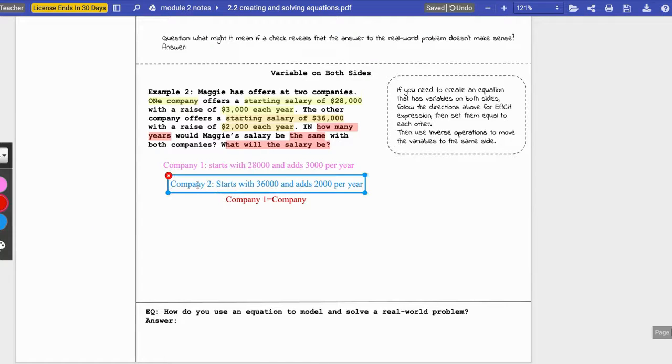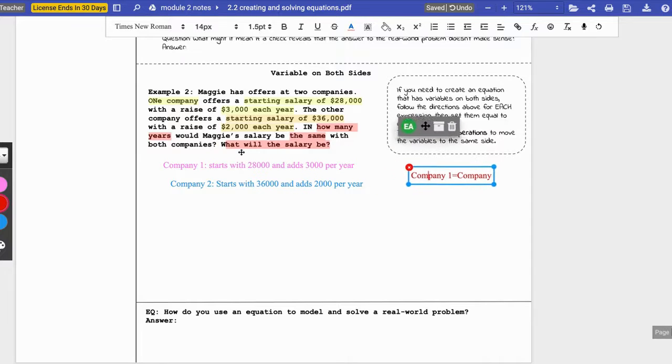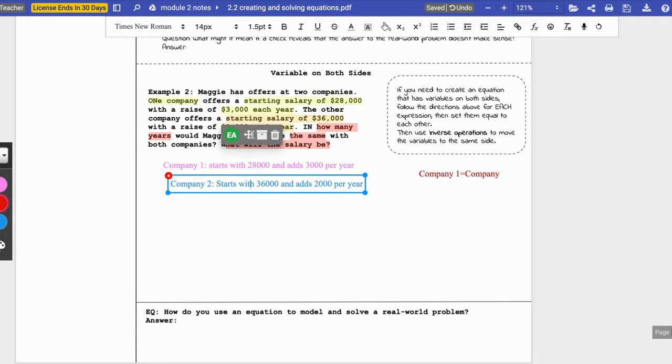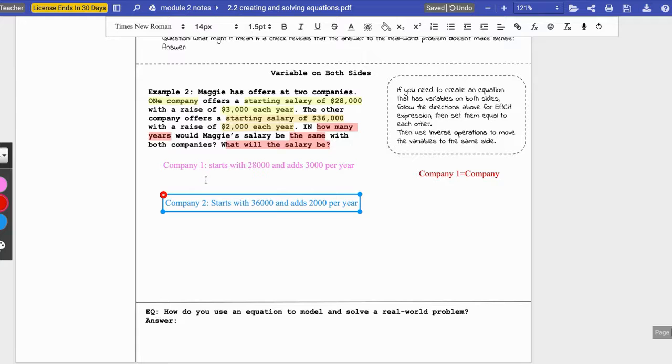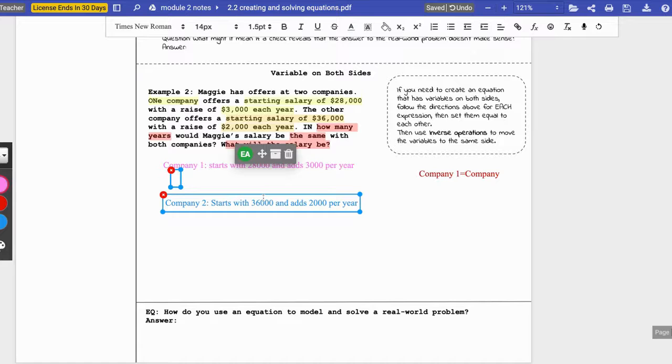So let's start with writing. I'm going to start with writing my equation for company 1. I'm basically going to take this and put numbers in it. I know I'm starting with 28,000 and I'm adding 3,000 per year.